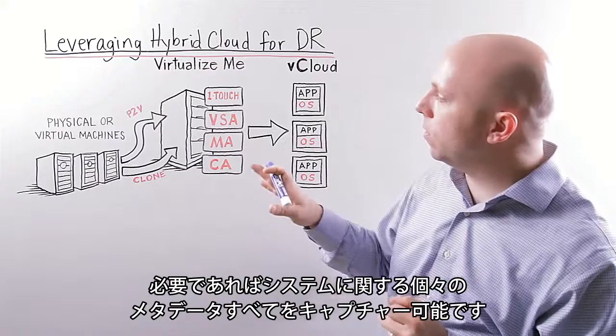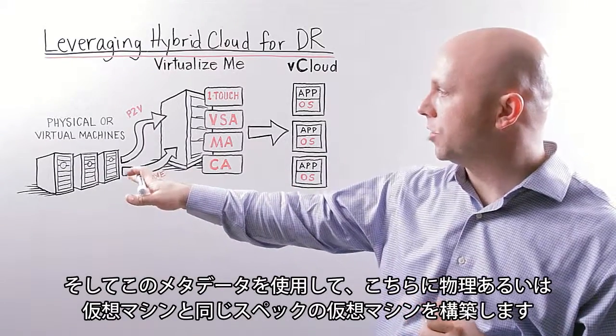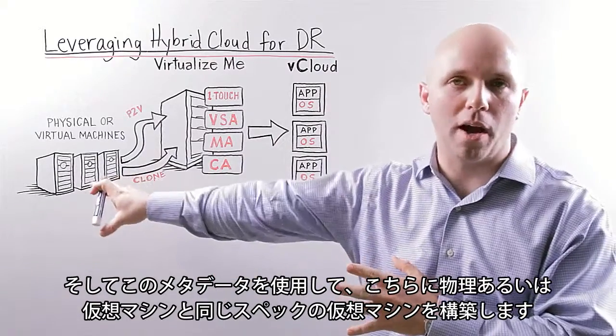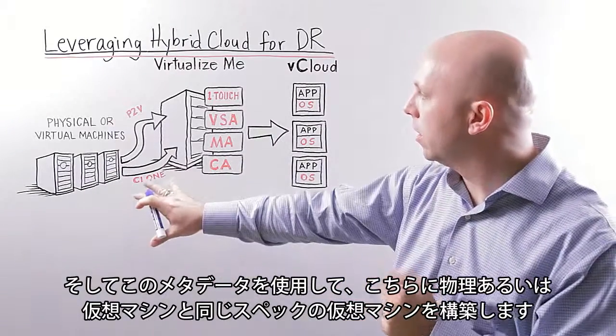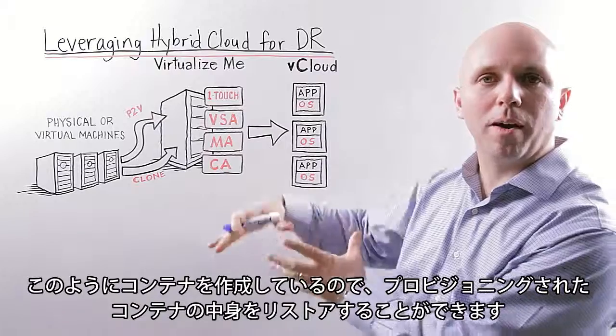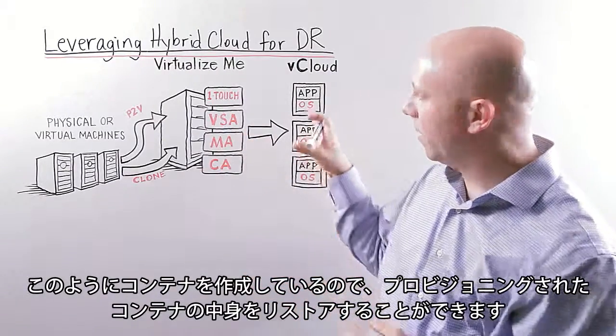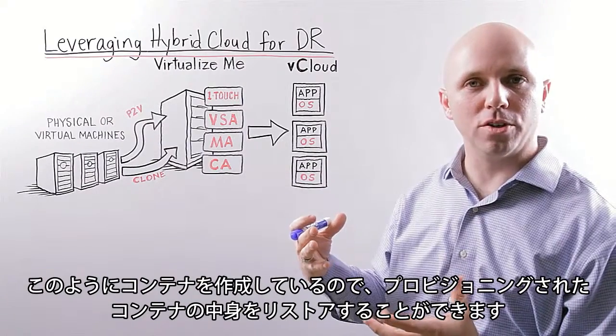And then we use that metadata to construct a virtual machine with the same specs as the physical box or the virtual machine over here. And therefore I'm creating that container, and then I can run a restore inside of that container that's provisioned.